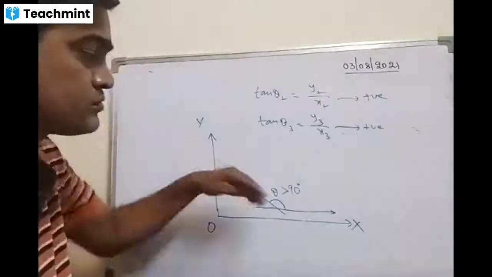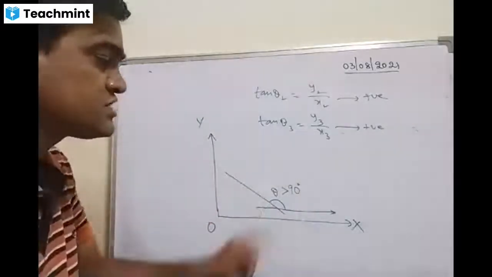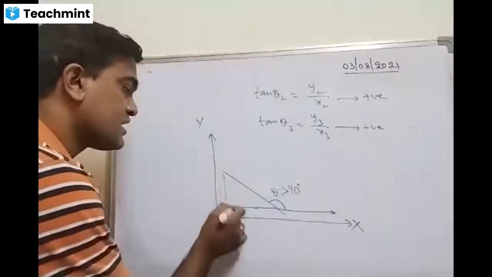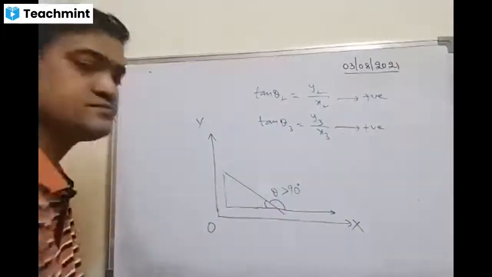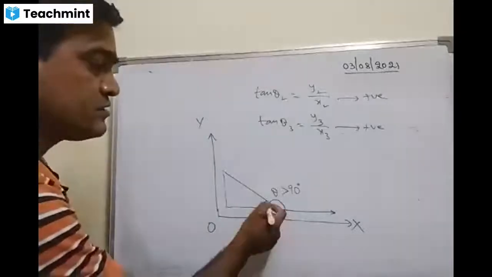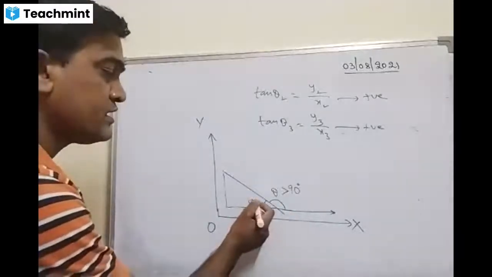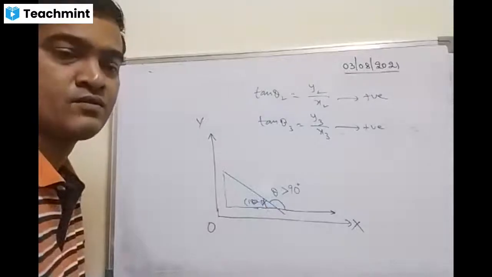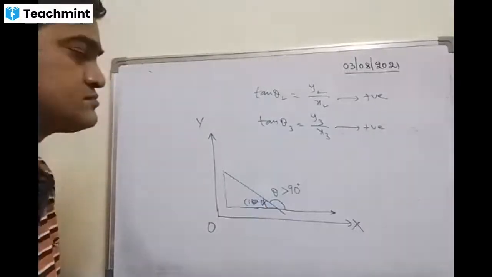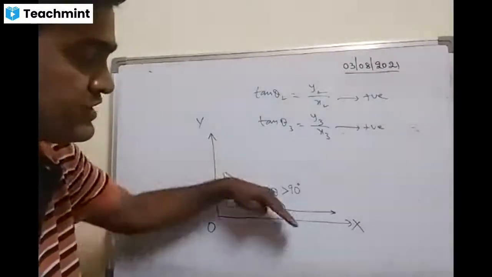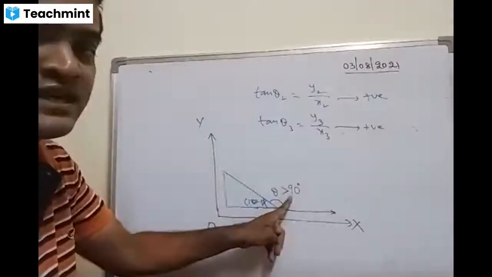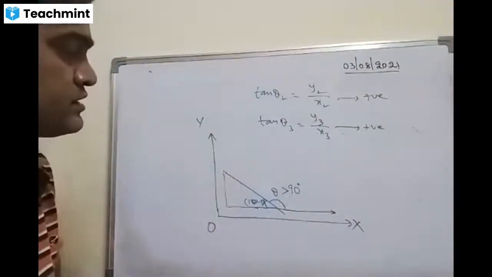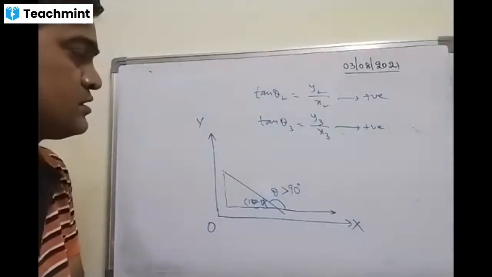How to find out the slope? If this is theta, and here I construct a triangle, this angle will be 180 minus theta. Of course, you are finding the slope, and theta is greater than 90 degrees, but here I have constructed a triangle with angle 180 minus theta.